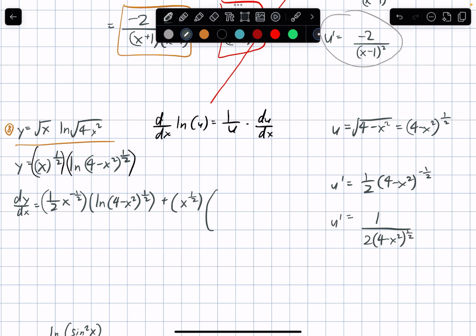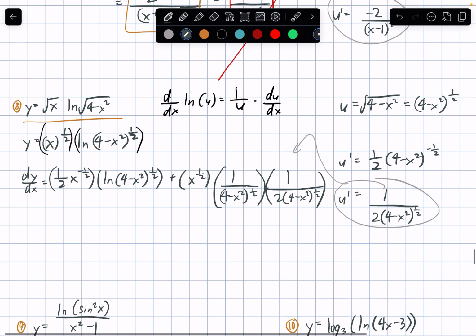okay. So 1 over u is 4 minus x squared raised to 1/2 times d over dx. So that's 1 over 2 times 4 minus x squared raised to 1/2. Okay, so the family is complete.